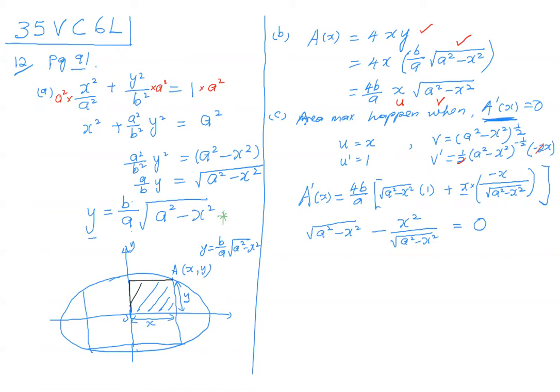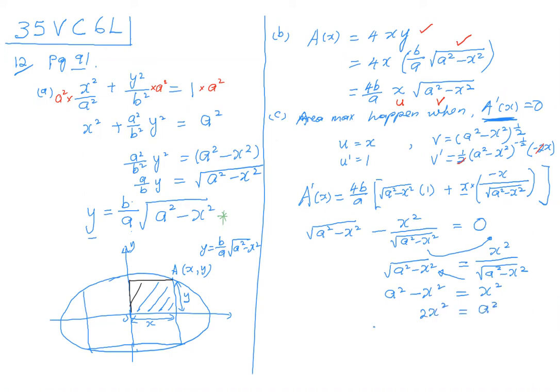So the next one is to solve. Whenever you have only 2 terms, what you can do is bring this one over to the other side. Then after that, you do a cross multiply. So you have square root of a squared minus x squared equal to x squared over square root of a squared minus x squared. Square root times square root is without square root. So 2x squared is equal to a squared.